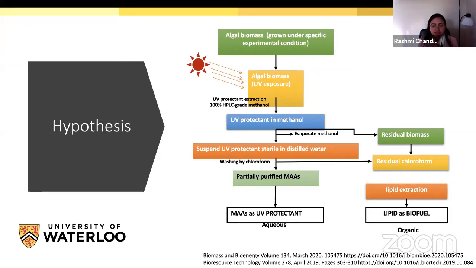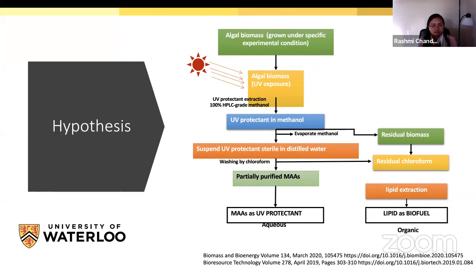Once we add the chloroform, the lipids will dissolve in the chloroform. So basically, we created two phases: one is the aqueous phase and one is the chloroform phase. The aqueous phase has the MAAs, and the chloroform phase has all the lipids.